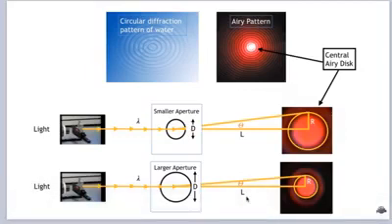And the main thing here is you just have to realize that as light travels through a physical barrier, in this case a circular aperture, it's going to scatter a bit. And it's going to scatter its rays on a background in a certain pattern. And this pattern is called an Airy pattern. And it's a diffraction pattern. You see all these concentric circles.